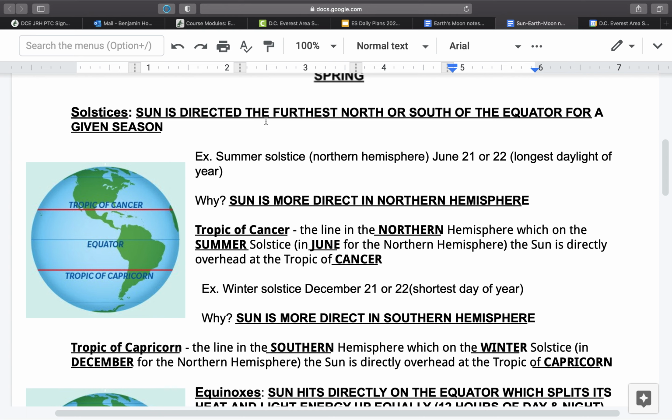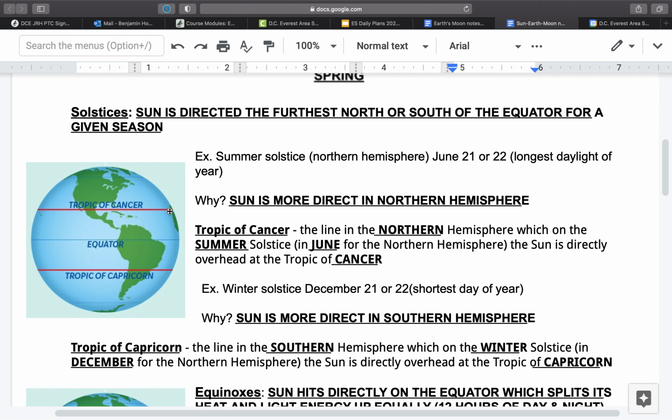And during the summer solstice in the northern hemisphere, that is a day where the sun is directly over the Tropic of Cancer. It's exactly over that line, so that at noon on that particular day in late June, around June 21st, the sun is directly overhead at noon.